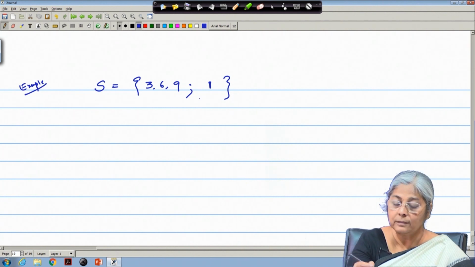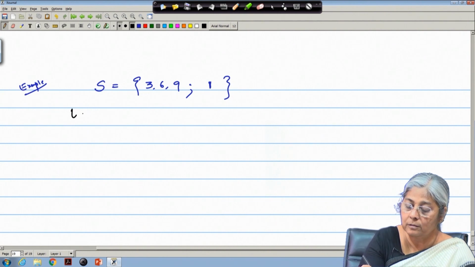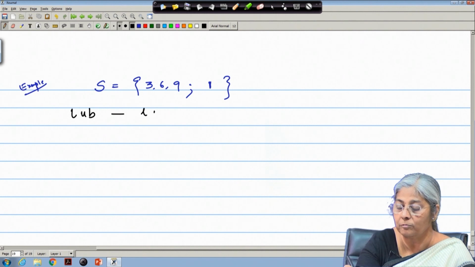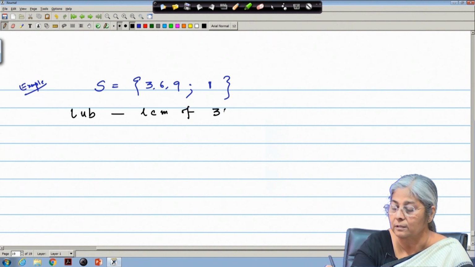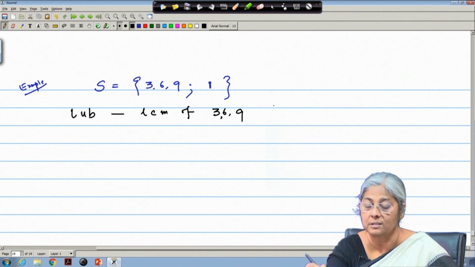Then the least upper bound is nothing but the LCM of 3, 6, 9, which is a multiple of 3, 6, 9 and is 36.